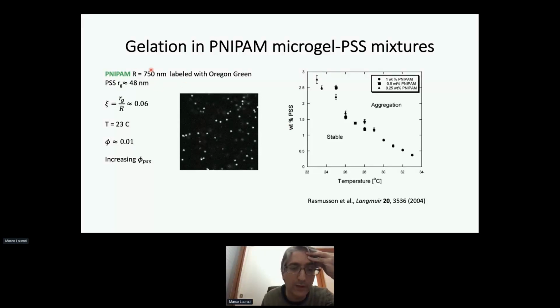So you see here, we have large fluorescently labeled microgels mixed with PSS at different concentrations. We have a low volume fraction of the microgels, and this is a short range estimated attraction in the system. And we investigate in the swollen state of the microgels at room temperature.